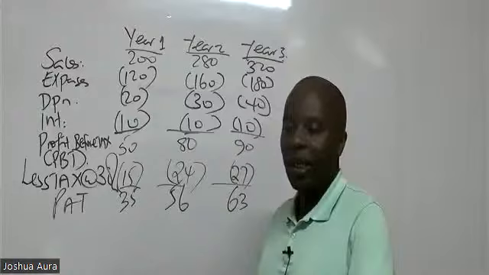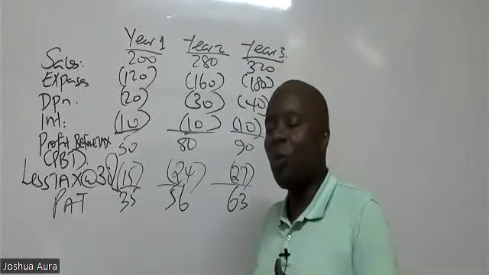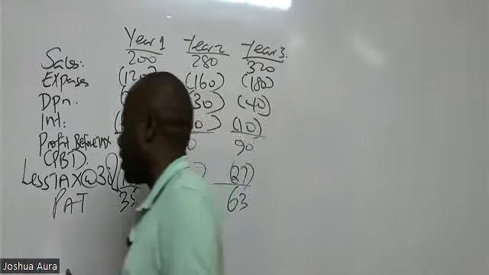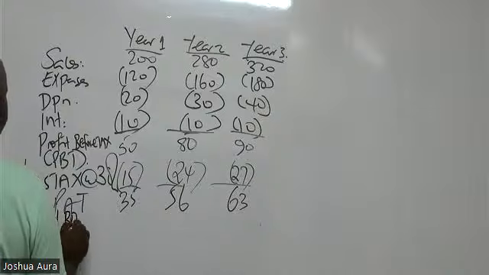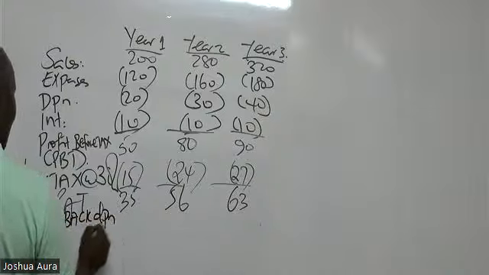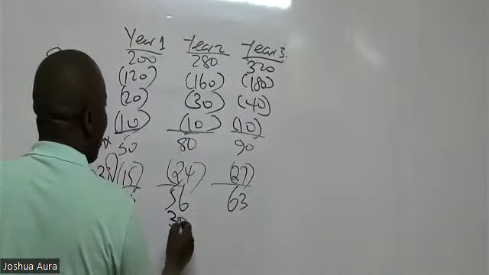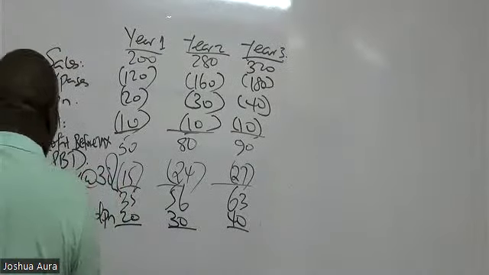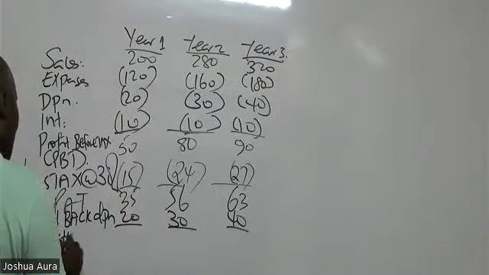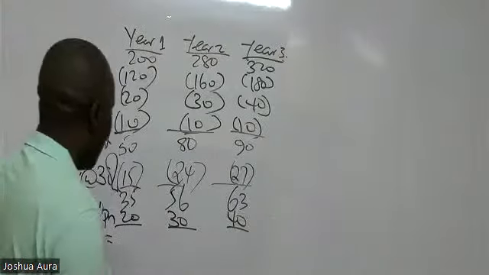That's how you write it. To change profit after tax to cash flow, you add back depreciation. So depreciation, here it is 20, here it is 30, here it is 40. You add back depreciation for you to be able to get the operational cash flows.